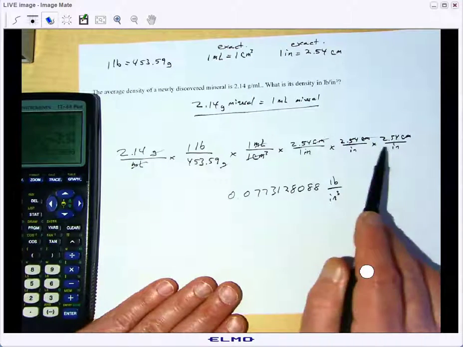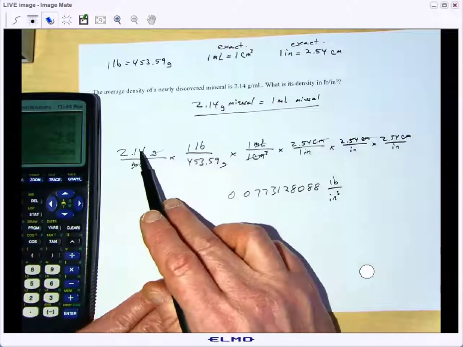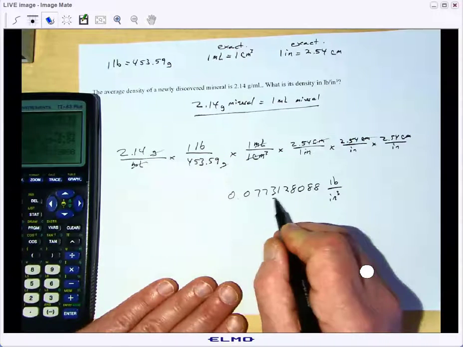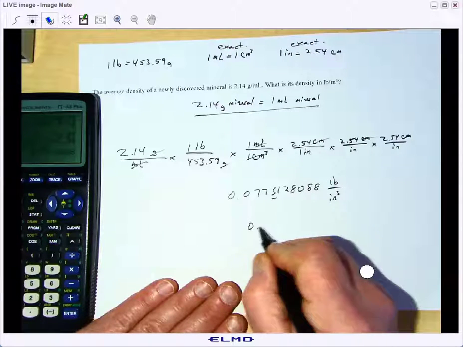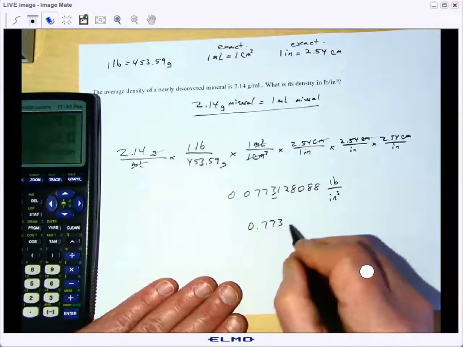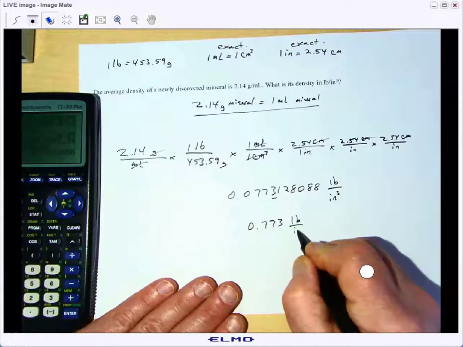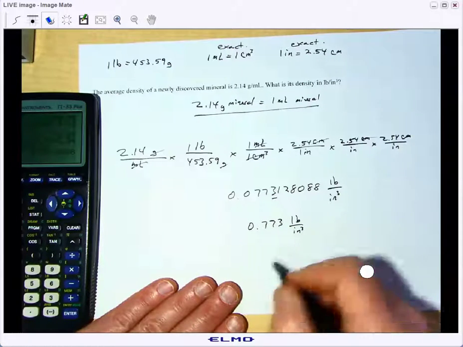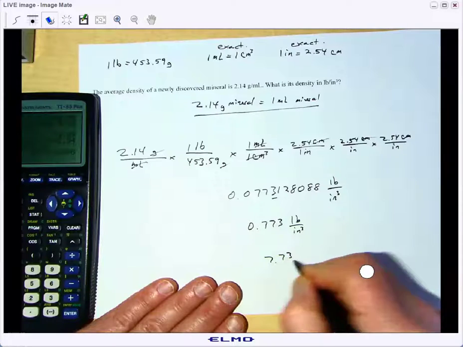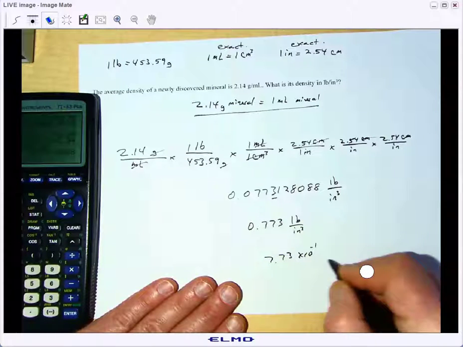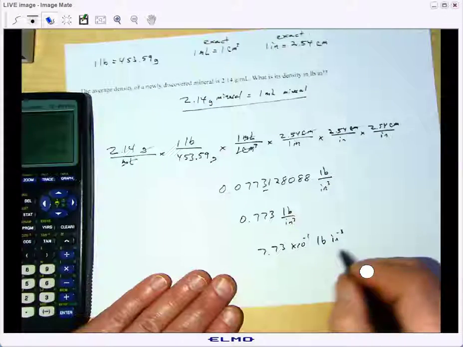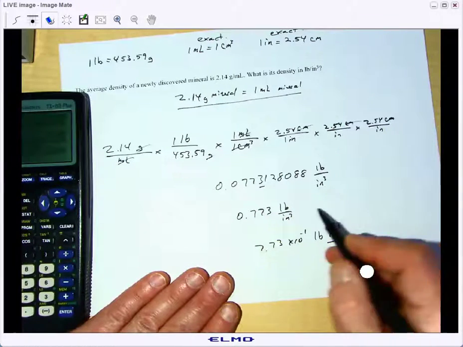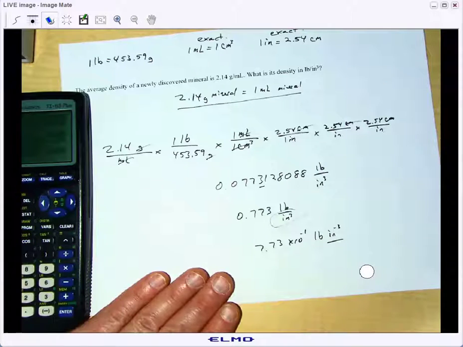These have an infinite number of sig figs, so the least number is this here with 3, so we're going to round our significant figures to 3 here, and this would be 0.773 pounds per inch cubed, or we could say 7.73 times 10 to the negative 1 pounds inches to the negative 3. This inches to the negative 3 is the same thing as saying divided by inches cubed.